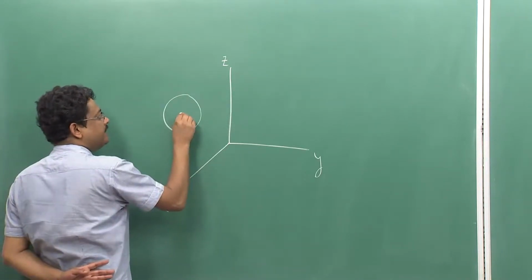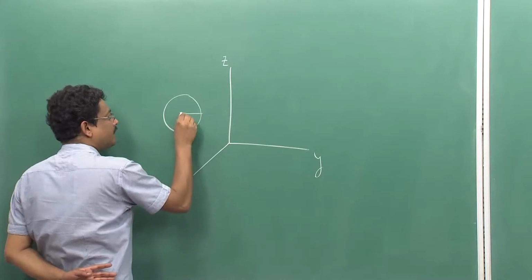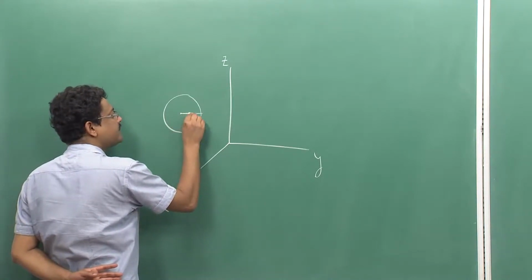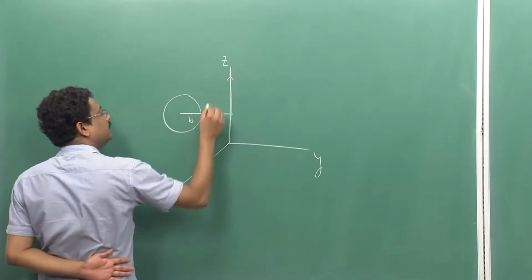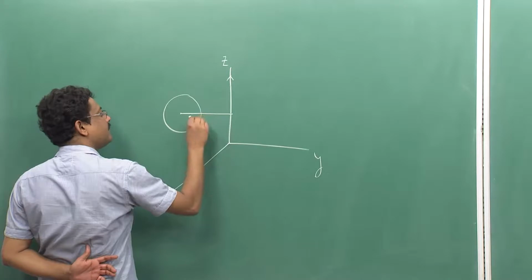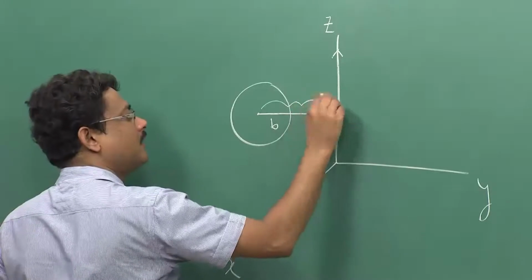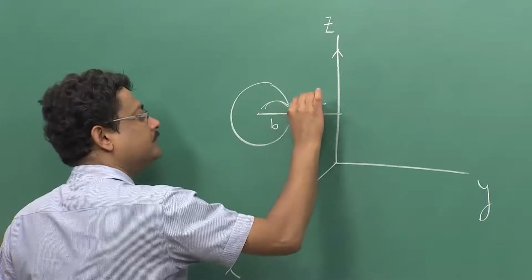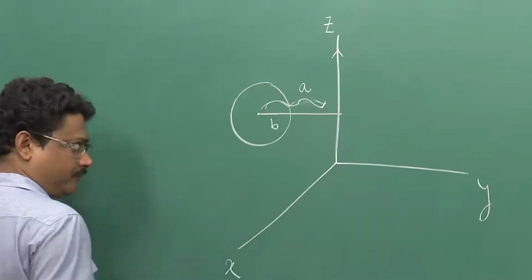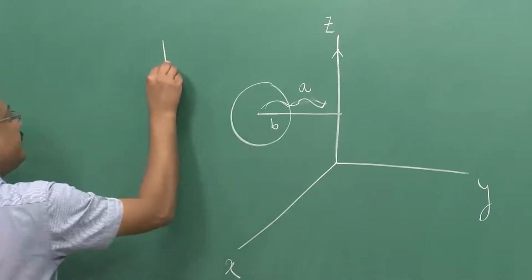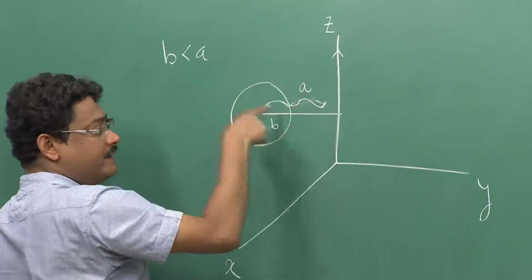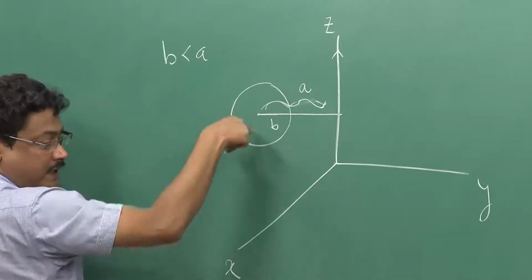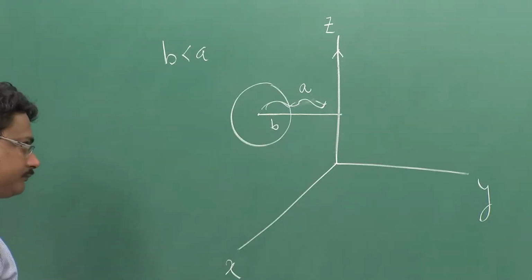This is the radius b, this is the center, and the distance from the center to the axis, which I take to be the z axis, I take to be a. Of course, I must have b less than a, so that the axis does not intersect the interior of the circle.